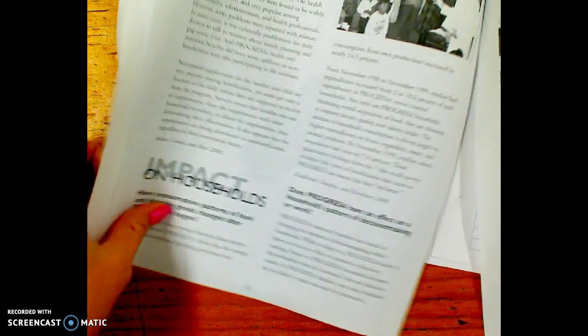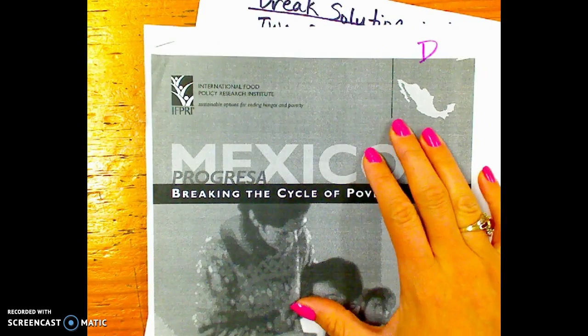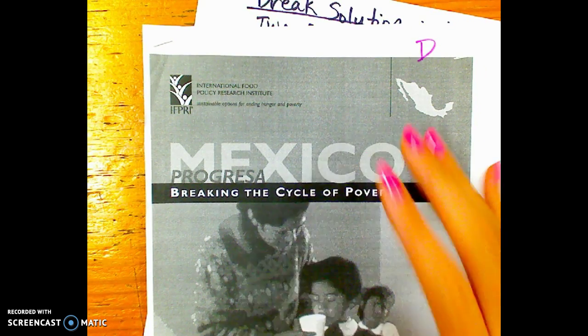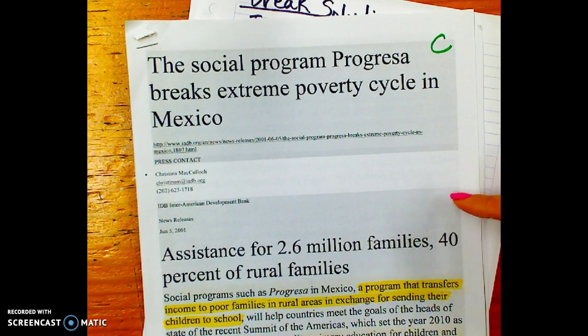Okay, so I've got a whole article about the impacts. This is really focused on what impact does the program have. And this article is mostly focused on just how does the program work and what is the program.